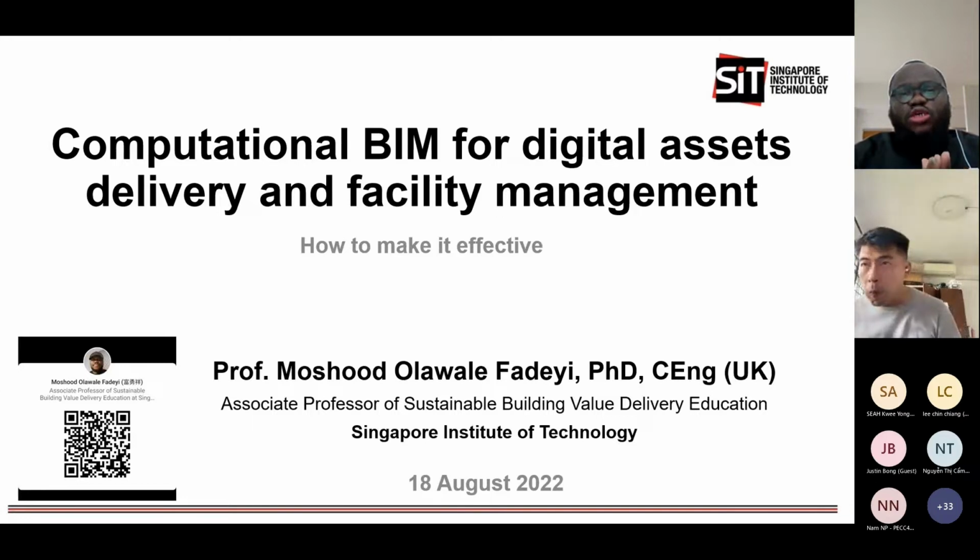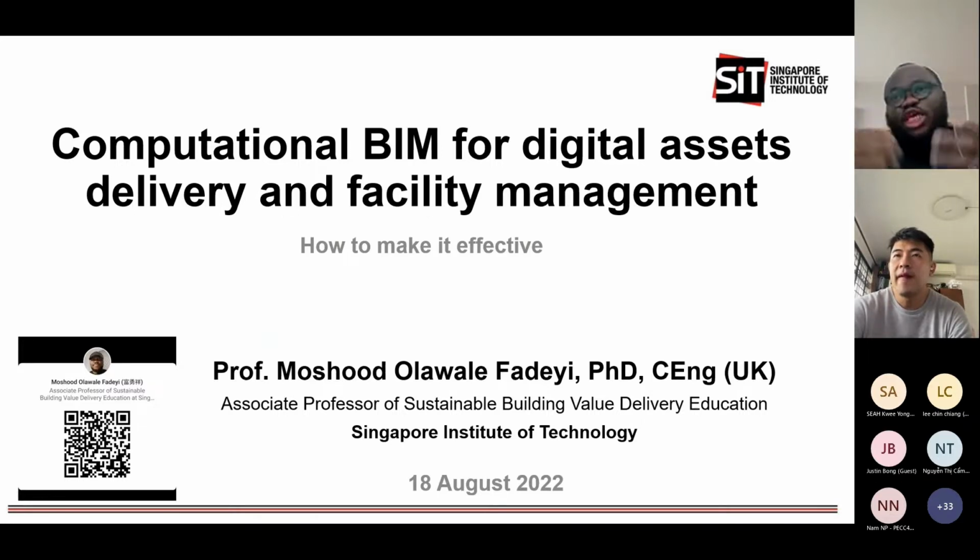Now, going to the key terms in the topic itself, facility management. I want you to look at what is a facility, first of all. I want you to look at facility in the context of a human being. A human being is a whole body. A whole body could be like a building, which we call a facility in this context. In the human body, we have different organs and different parts.